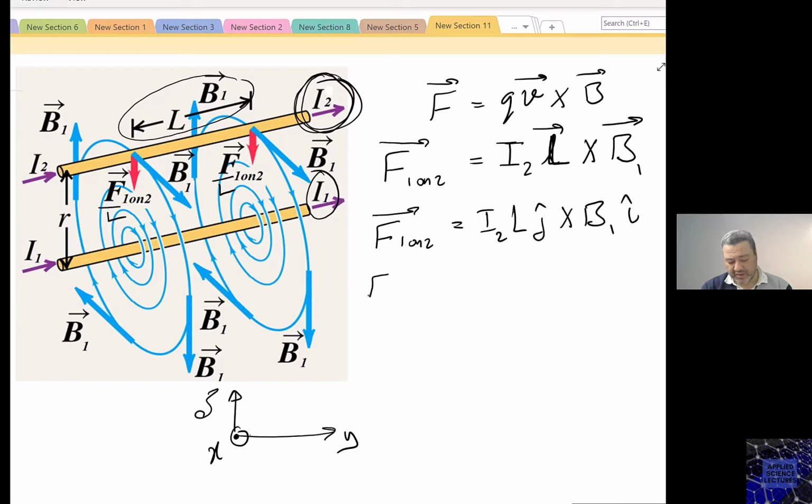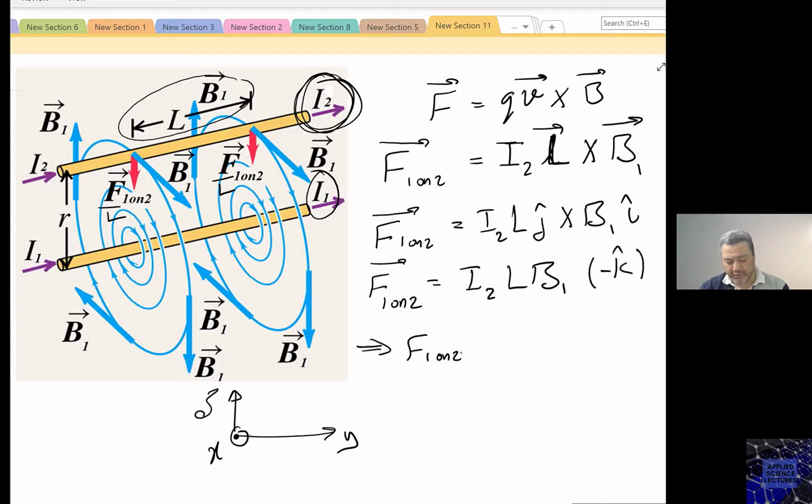So in this case, F1 on 2 equals j hat cross i hat, which is minus k hat, and the angle is 90 degrees. So sine theta is 1. So I ended up here with I2 L B1 minus k hat.